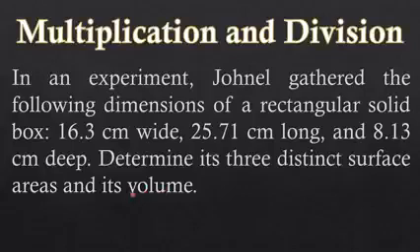Okay? And also the volume of the rectangular solid box. So recall lang natin na para kunin yung surface areas ng rectangular box, we need to multiply the area of the given shape. Okay? Kung ano man yung shape yung involved sa rectangular solid box.